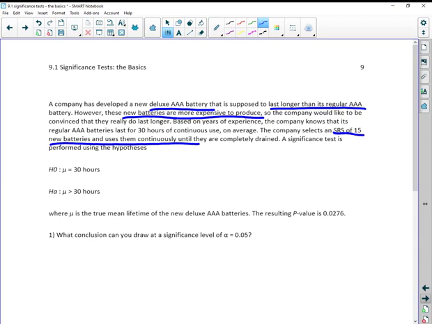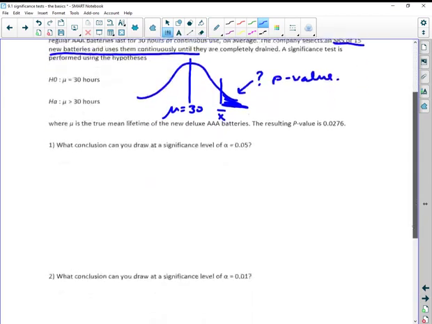If the old batteries have a population mean of 30, and we want to know if the new ones are lasting more, when we get our x-bar value, is our p-value going to be enough evidence that we need to start making these more expensive batteries?